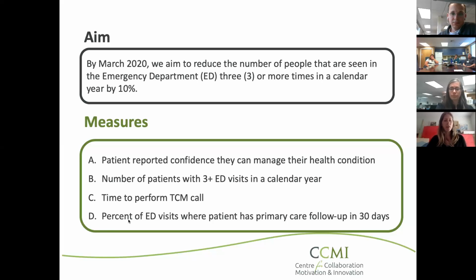So percent of ED visits where a patient has a primary care follow-up in 30 days is hopefully a process in that journey for best or for whole person care. Does that sort of make sense? Okay, good. Any other questions? Okay.